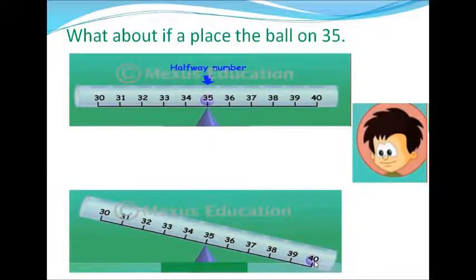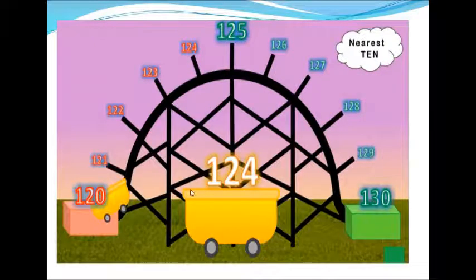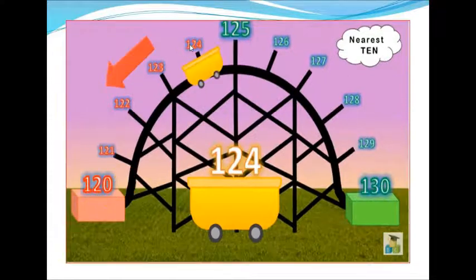Now let's round off a few bigger numbers to the nearest 10 place and see. Over here, the number which has to be rounded off is 124 to the nearest tens place. Now, 124 lies between 120 and 130. If I place 124 on this roller coaster over here, let's see what happens.